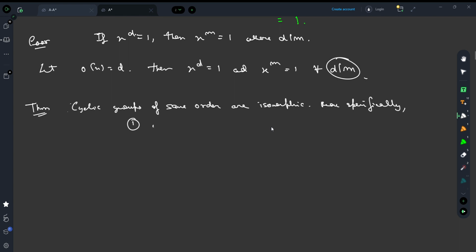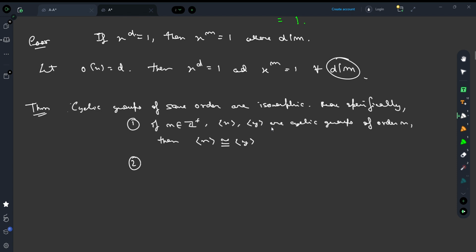Okay. More specifically, we can say the following. Number one is that if you choose a positive integer n, and x and y are cyclic groups of order n, then these are isomorphic. I will be stating what an isomorphism is.